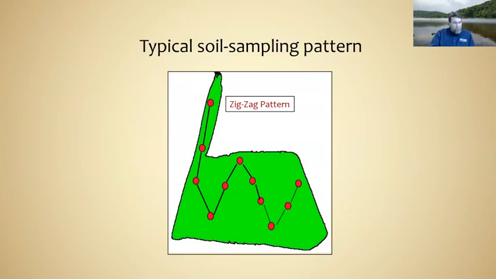If you want more detail and you're trying to do a diagnostics of where the fertility zones are in the field, that's a case where you may want to go in and do grid sampling, and then you get your sample results back from the grid, and then you have the chore of taking the mathematical numbers and doing a mathematical average or creating maps of the N, P, and K concentrations of your field.